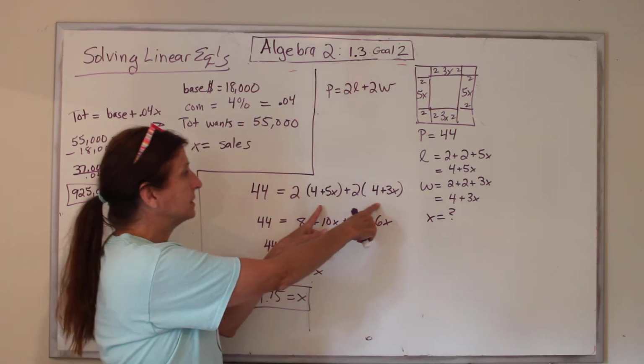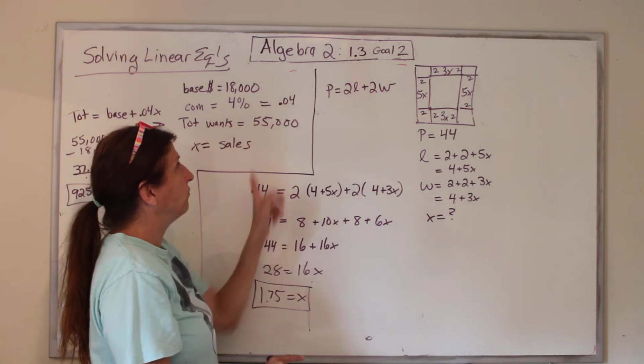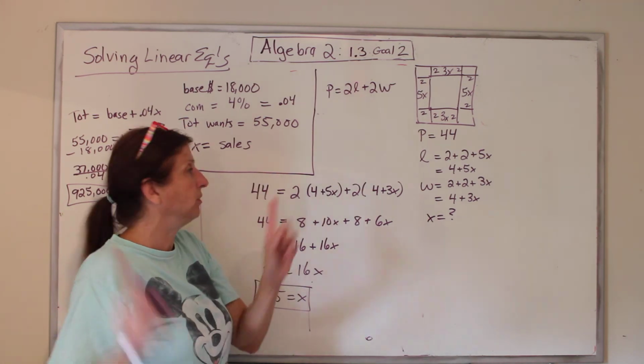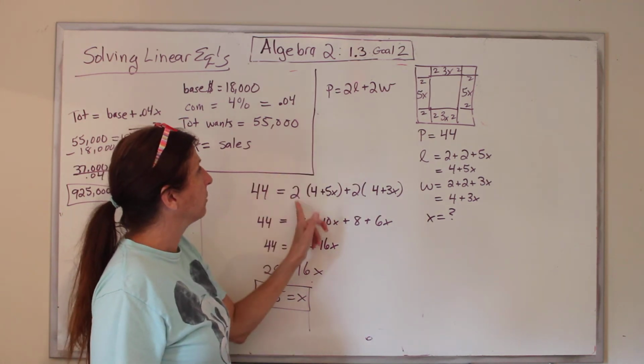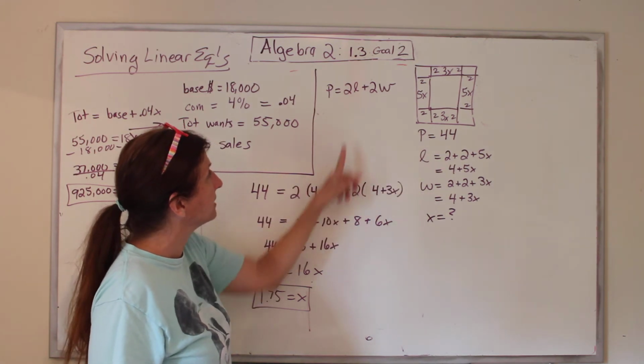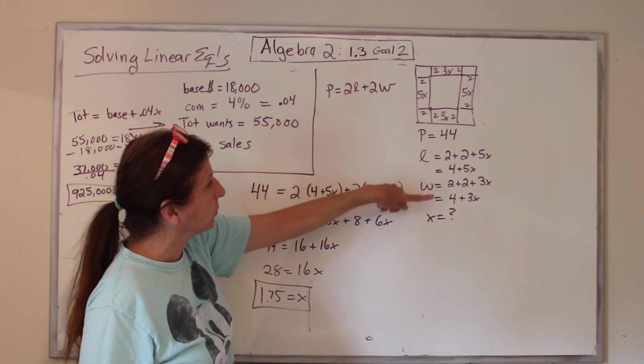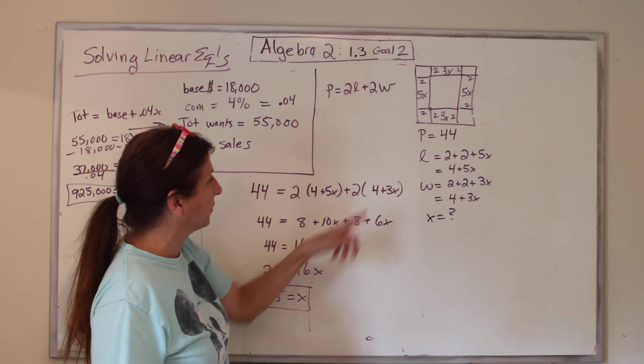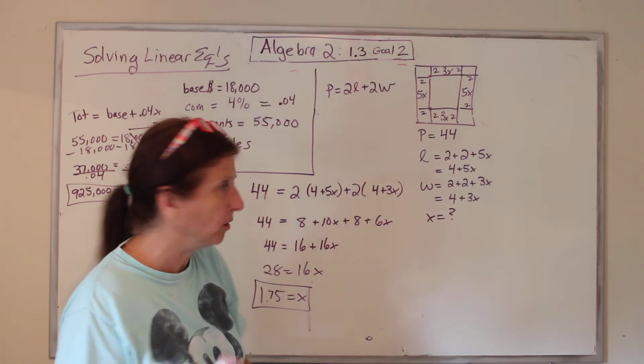Now we substitute it into our formula. So we substitute: 44 equals 2 times the length, 4 plus 5x, plus 2 times the width, 4 plus 3x. What's next? The distributive property.